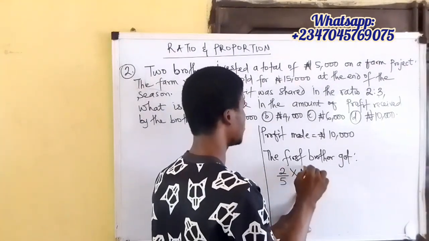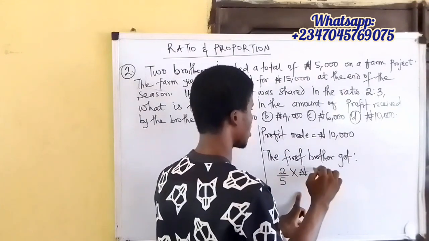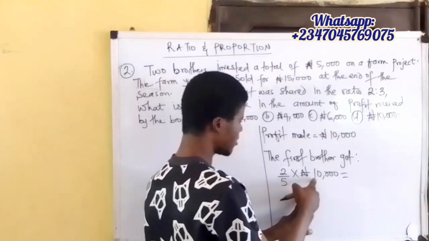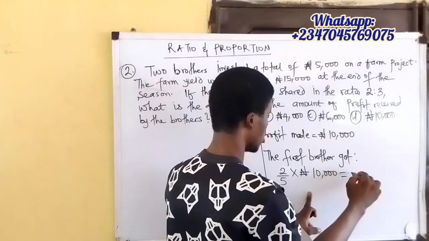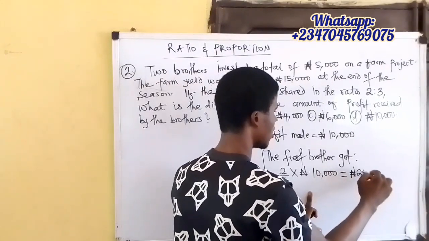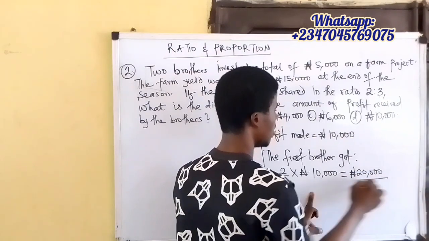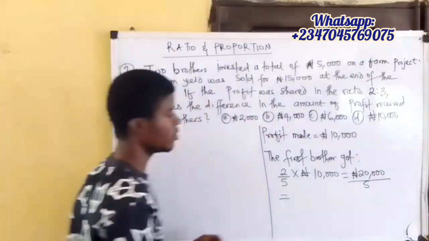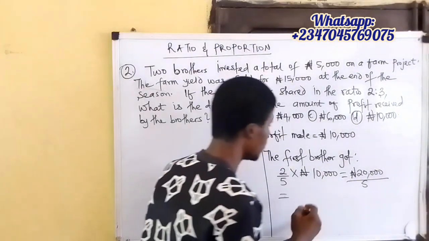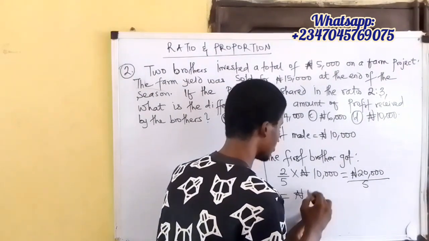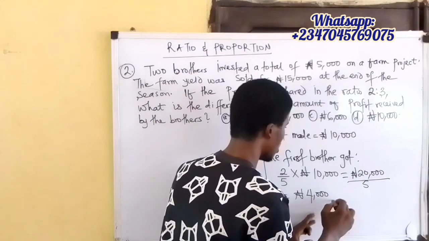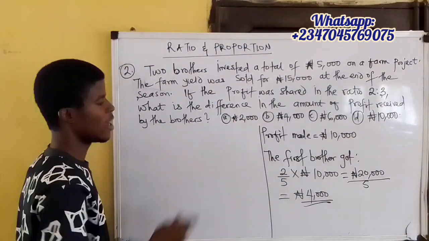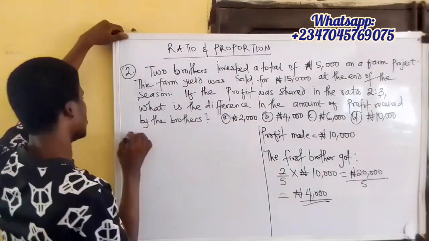Times the total profit that they made, 10,000 naira. 2 times 10,000 naira is 20,000 naira over 5. And 20,000 divided by 5 is 4,000. So the first brother got 4,000 naira.